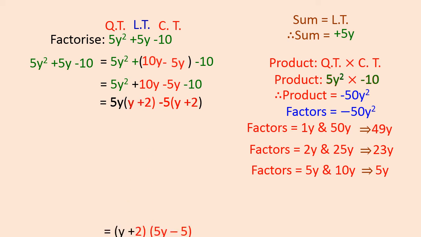Now from the two terms I have to take common, so we have two terms here with us, 5y into y plus 2 and minus 5 into y plus 2. From both the terms you can see y plus 2 common, so that is written separately. Then what is remaining with the first term, 5y, that will go in one bracket, minus 5 will go in the other bracket.